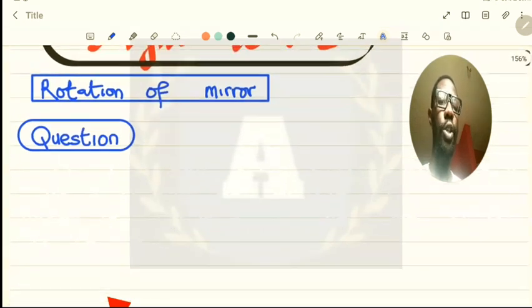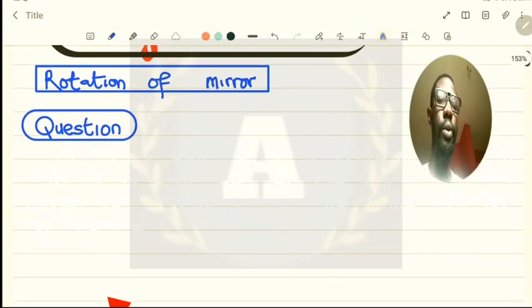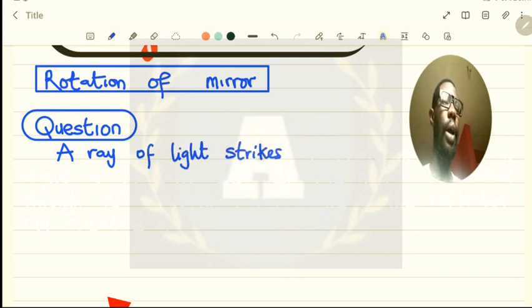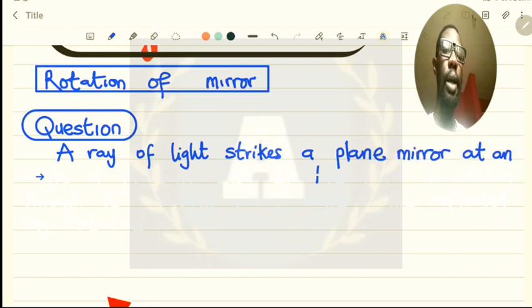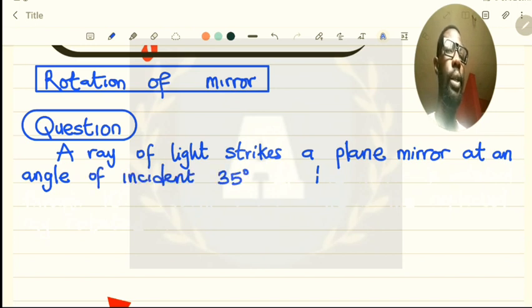And what does the question say? A ray of light strikes a plane mirror at an angle of incidence 35 degrees.